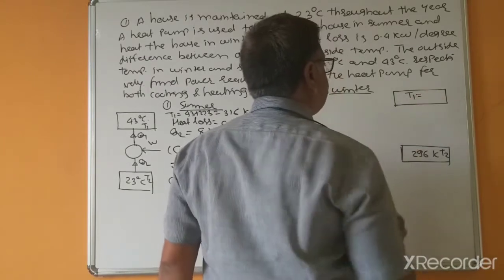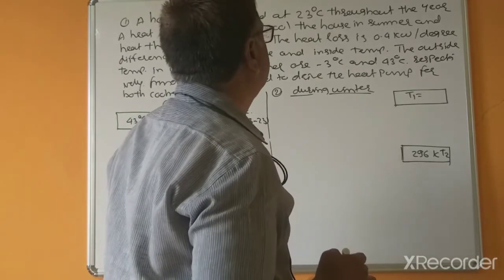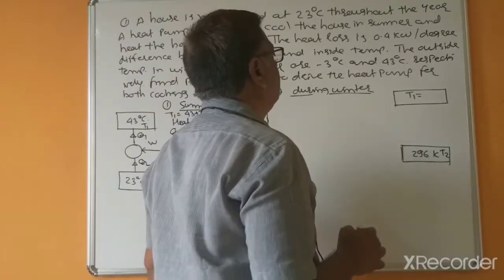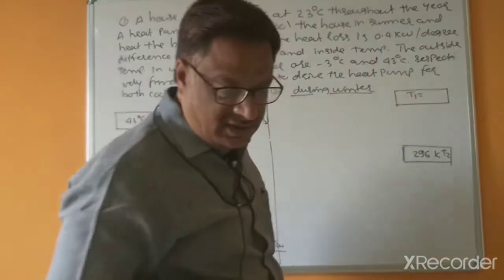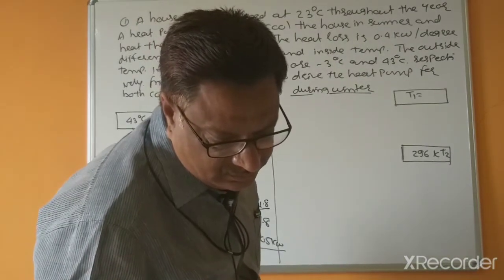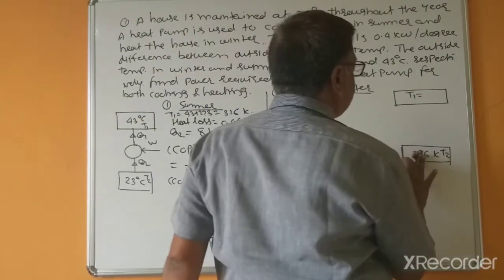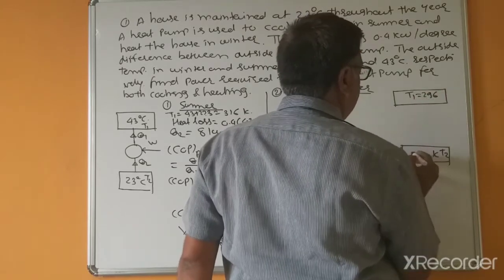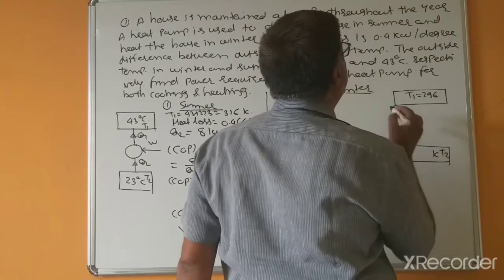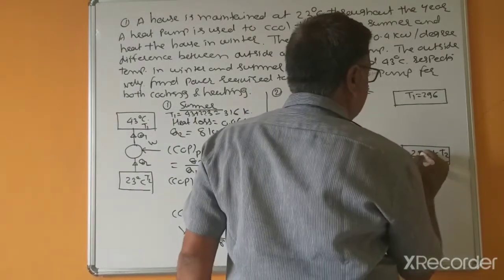T1 temperature, in this case, is minus 3 degrees centigrade. So we have to change these conditions, because this T1 is higher, 296, and this T2 is lower, minus 3, which is 270 Kelvin.